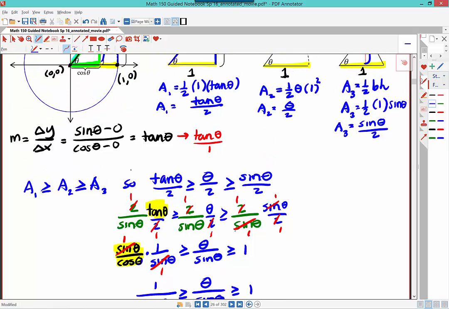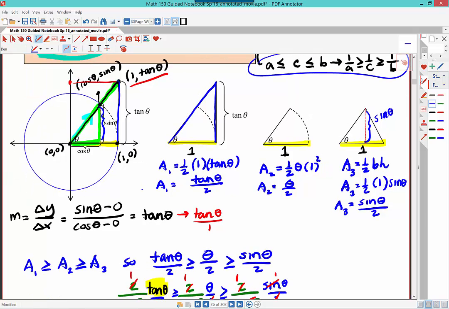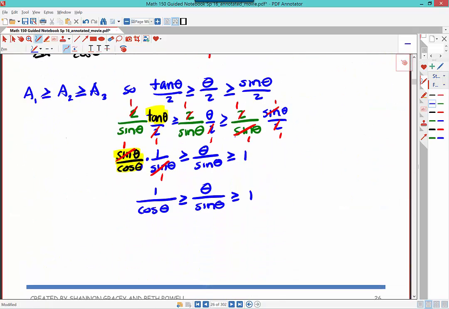But we want sine theta in the numerator and theta in the denominator. If we use reciprocals, we have to flip the inequalities. So this is going to be cosine theta, which is less than or equal to sine theta over theta, which in turn is less than or equal to 1.